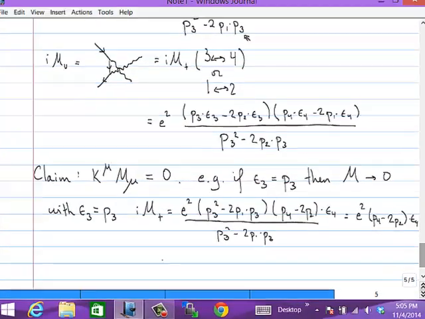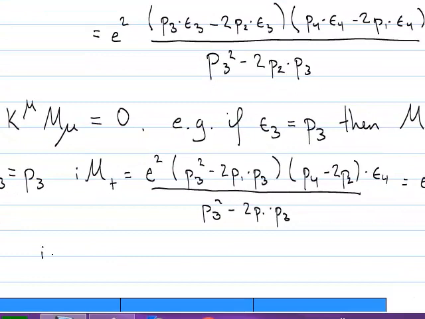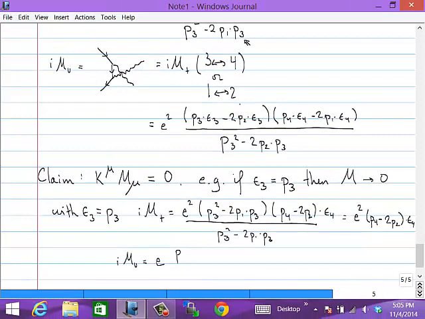And likewise, let's compute MU. We get an E squared out front. That first term is now P3 squared minus 2 P1 dot P3, or P2 dot P3, times P4 minus 2 P1 dot epsilon 4, divided by the denominator.